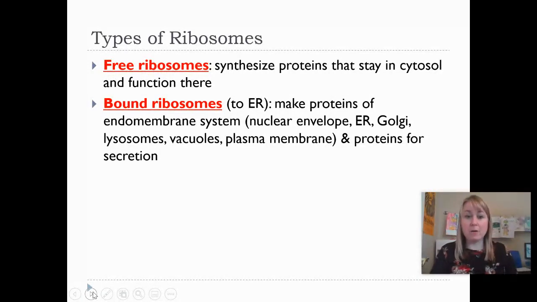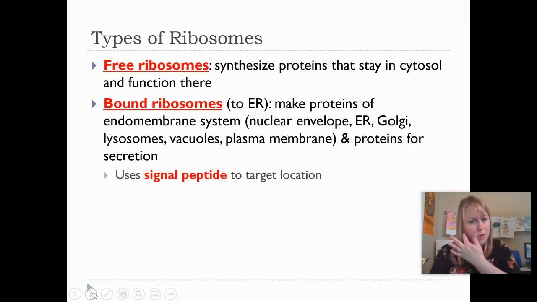Then you have bound ribosomes, and those ribosomes are busy making proteins for export, ones that need to leave the cell as a cell product. And don't forget about our endomembrane system, starting there at the nuclear envelope, working its way through the ER, shipped to the Golgi, packaged into vacuoles or vesicles, and then headed for the outer membrane for secretion.